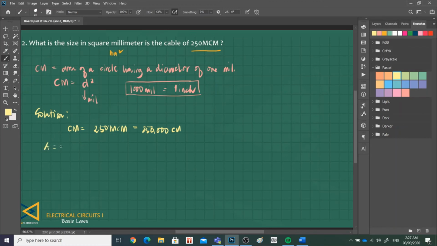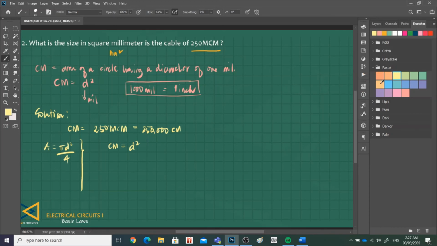Ayan. So, para makuha natin yung area in terms of square millimeter, kailangan natin kunin yung original diameter, and then substitute natin sa formula ng pi d square over 4. Okay? So, hanapin natin yung diameter. So, cm is equal to d square. Now, square root both sides.